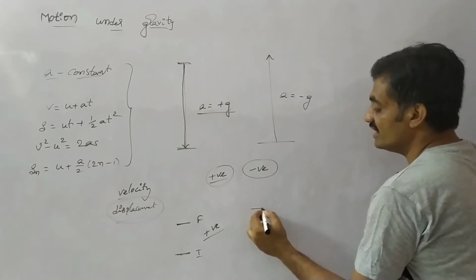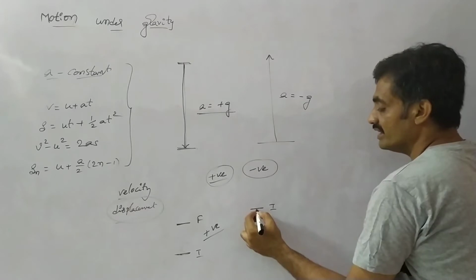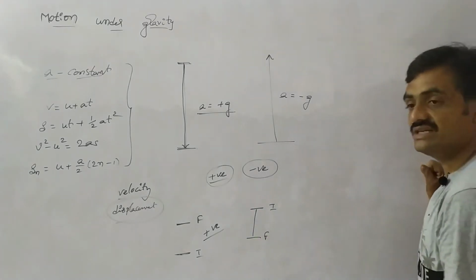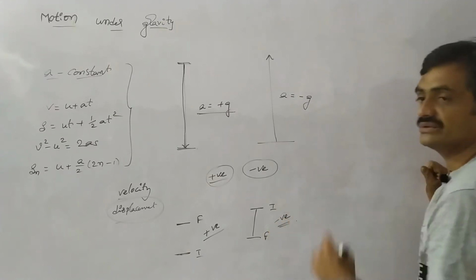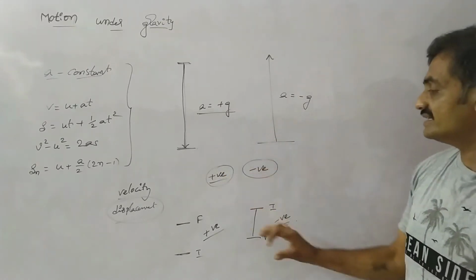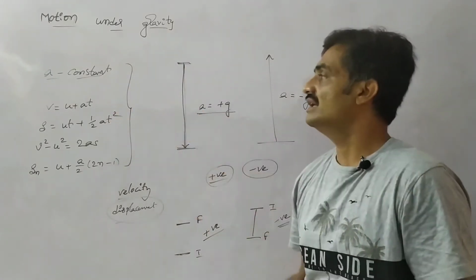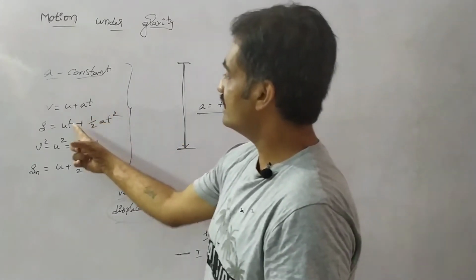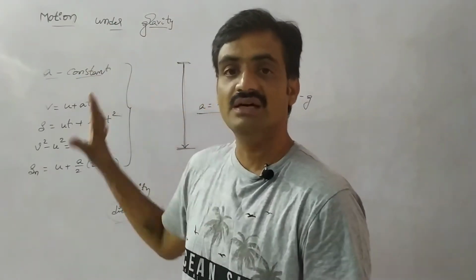If the initial position is above the final position, then we consider displacement as negative. By considering these sign conventions, we can solve problems based on these equations. Anytime, anywhere, when we use any equation, we have to apply the sign conventions based on motion and gravity.